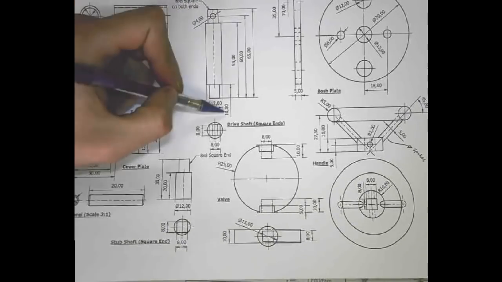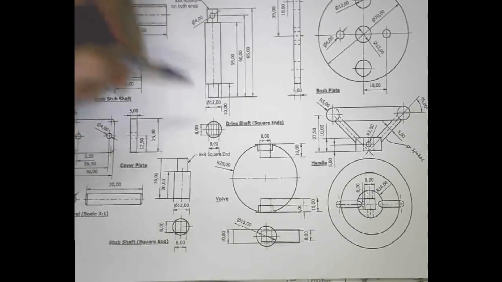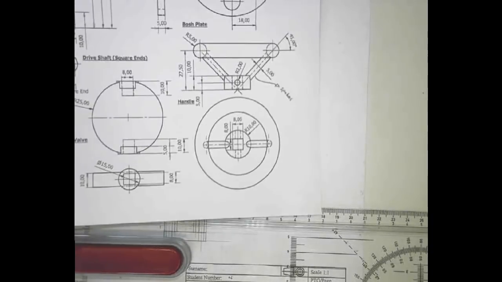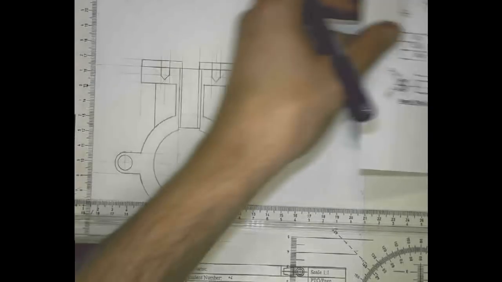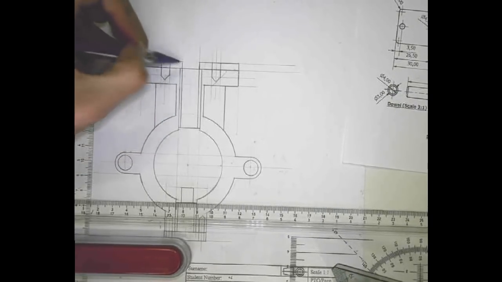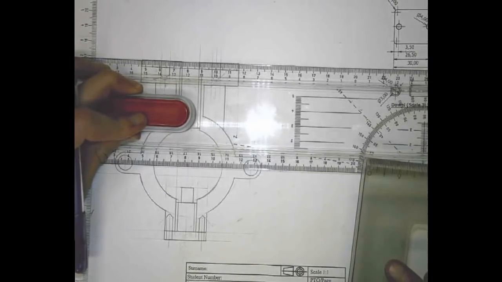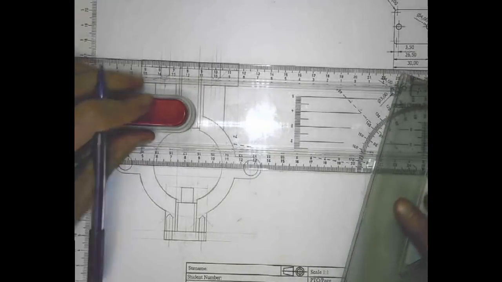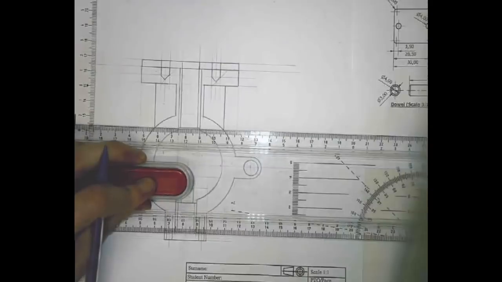We can see it's 55 here minus this 10 for the square end. And we can also look on here, this distance is 40 and that's 5, so the shaft is going to sit flush with the top of our Bosch plate and with the bottom of our bush.